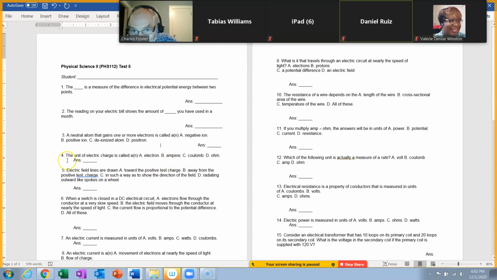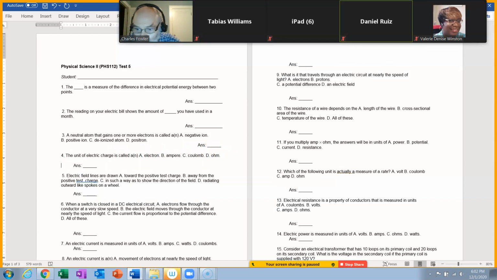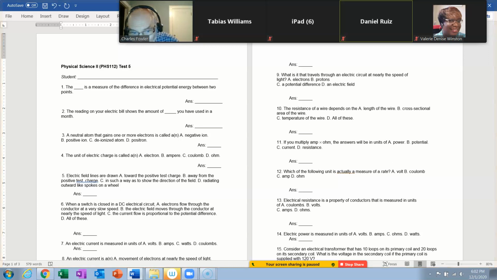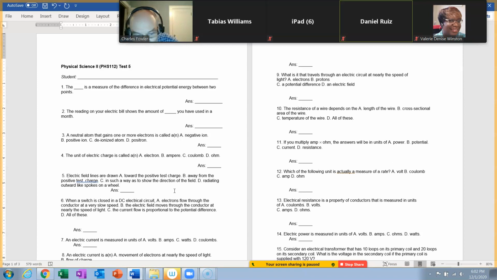This is such a yuck. Hit the wrong key. This is why I didn't get it done before.